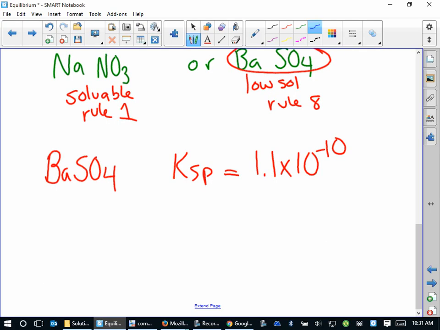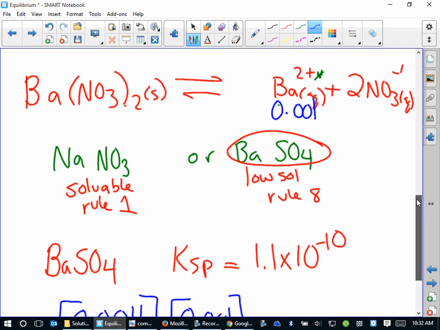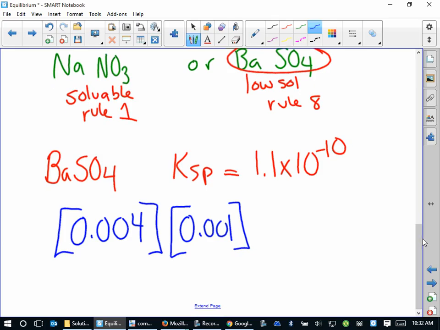So I have said that if the concentration of those two ions, which was 0.004 and 0.001, sorry, that's the SO4, this is the barium. If that product is greater than 1.1 times 10 to the negative 10, it will form a precipitate. Well, let's look at this.